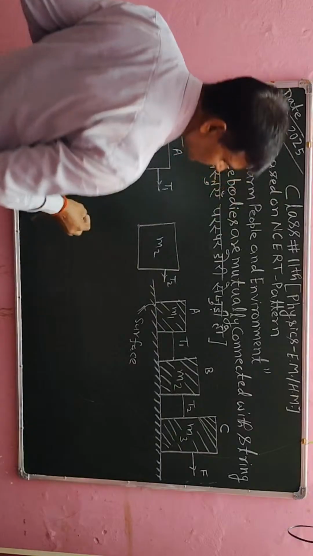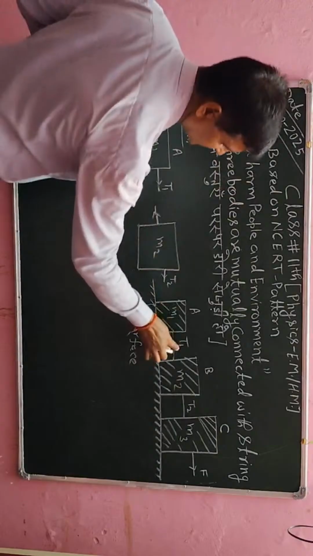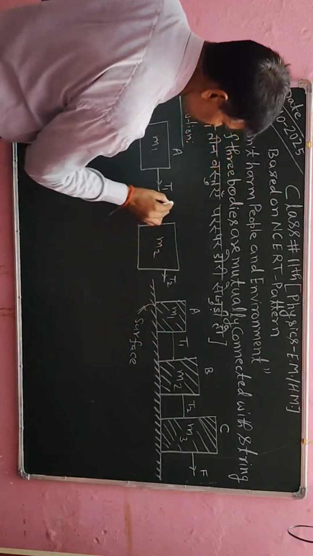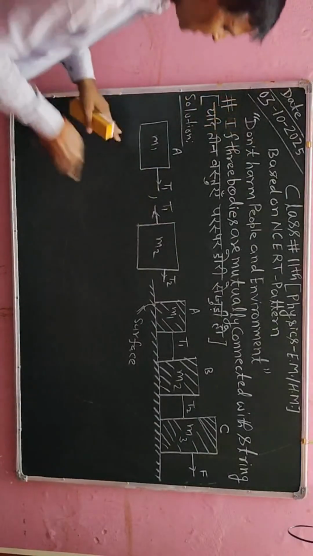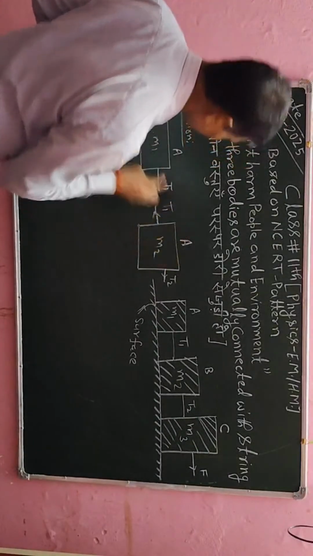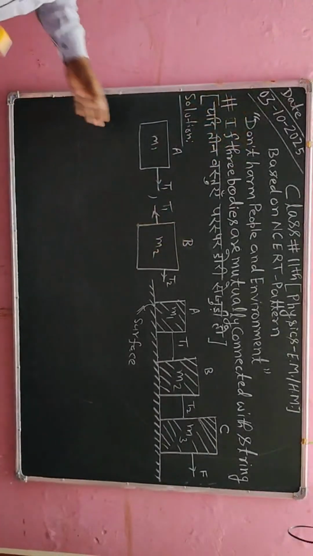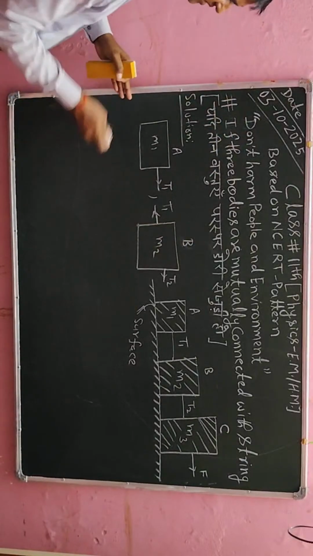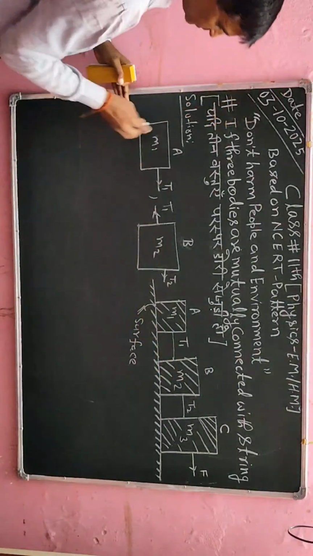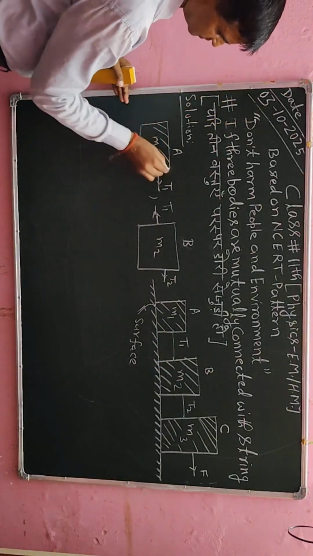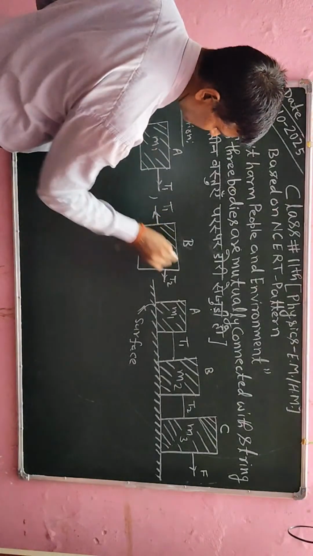This is the tension T2, but along the left-hand side the tension force will come in the backward side, so this is T1. This is the diagram for the body A, and this is the diagram for the body B. I hope you are understanding this information clearly, because here I have kept all three bodies separate.